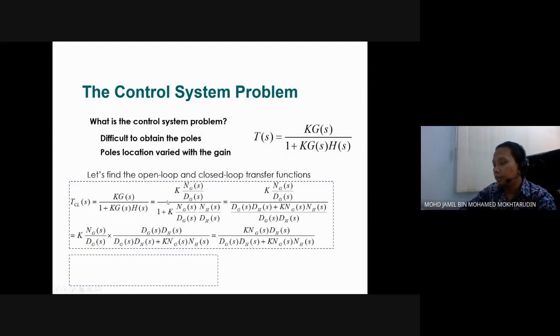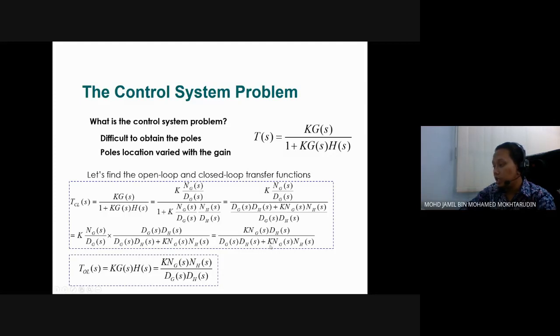And then you further simplify this equation, you will end up with this last equation here. So the last equation here, if you take the open loop transfer function of this equation, then you will see that it has k in it. Okay, so here you have k in the denominator, and here you have k as well.